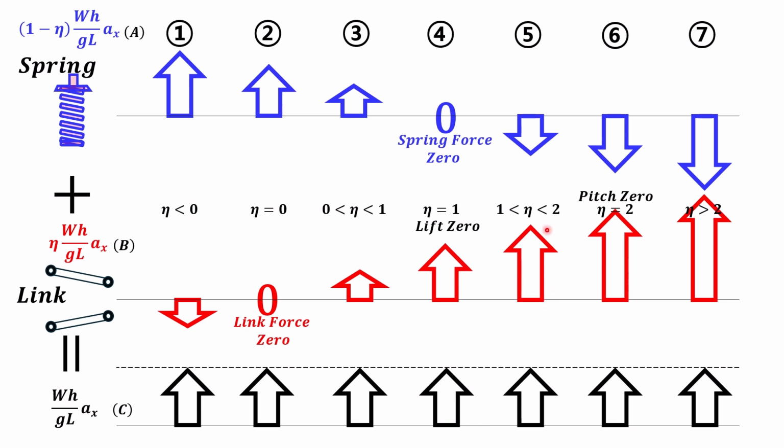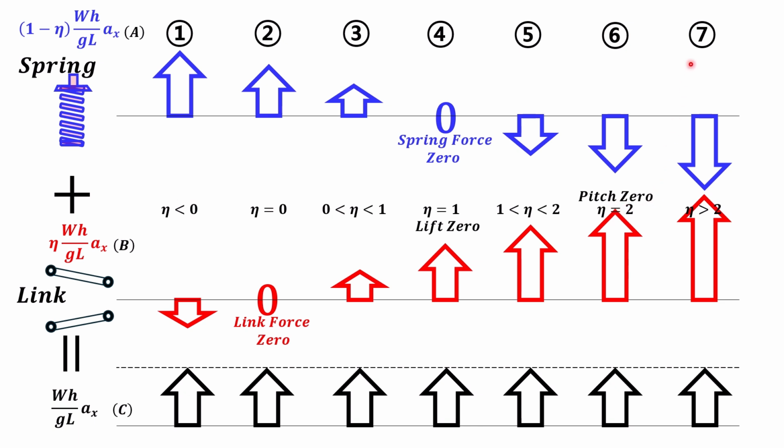Number 6 indicates that, if the virtual reaction point lies on the pitch angle 0 line, the eta is 2, meaning that, based on absolute values, the vertical resultant force tensioning the links acts vertically upward and is twice as large as the vertical force compressing the spring acting vertically downward. In this case, the pitch angle becomes 0.